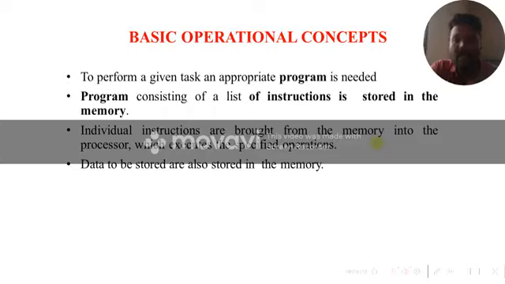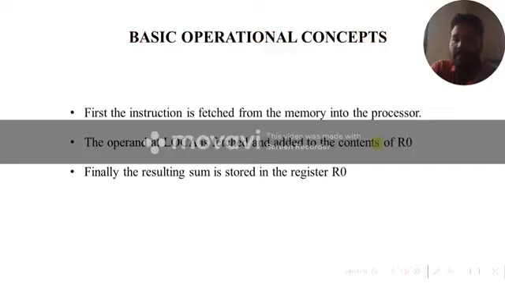The data must be stored, and the stored data should be retrieved from that particular memory location. So this is the basics about the operational concepts. For performing these kinds of operations, we have to segregate the instructions into separate ones. First, the instruction is fetched from the memory into the processor. The operand at a particular location, for example, I have specified here by mnemonic notation as LOCA, is fetched and added into the content of R0.